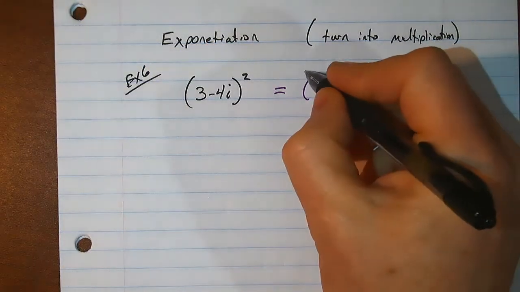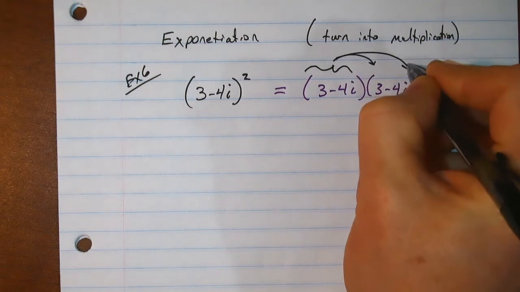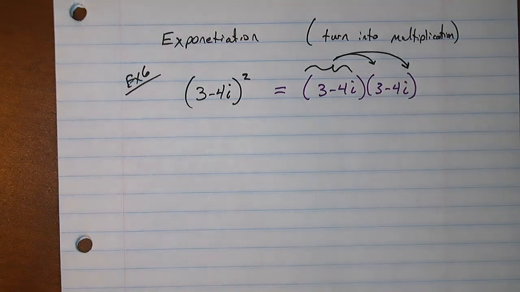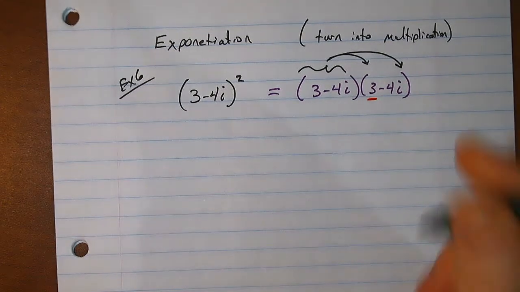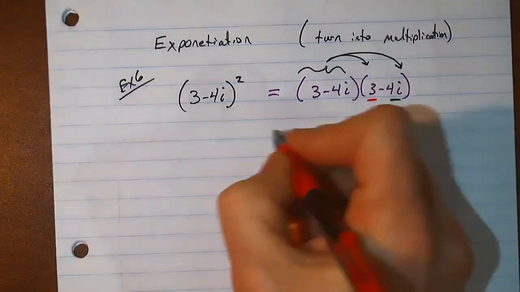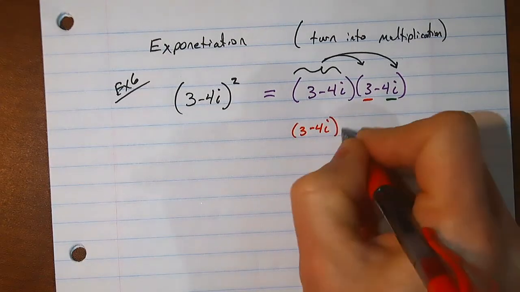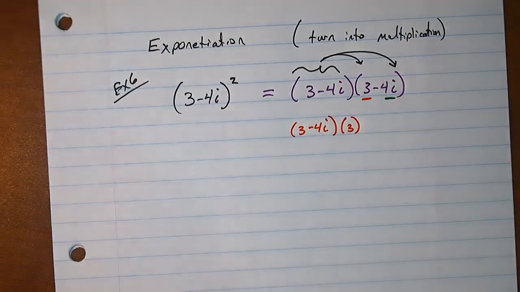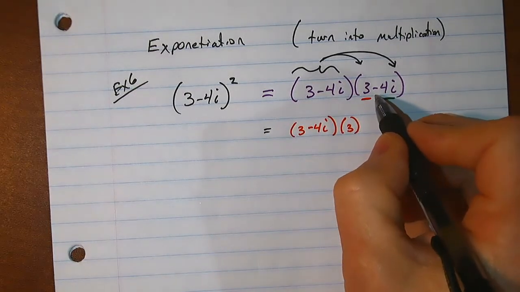I'm going to do this with a double distribution process. I'm going to distribute the first thing to the second thing. The second thing has 2 parts to it. There's a real part and there's an imaginary part. And so I'm going to distribute to both of those. When I distribute to the real part, I'm going to get that first thing times 3. Now, this is where I talked about how I always treat minus signs as plus and negative.